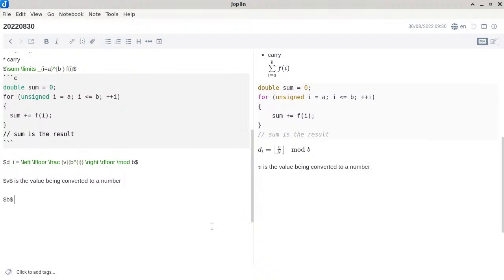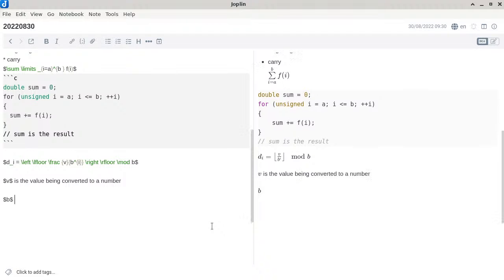What about B? We just talked about this. The base. The base, very good. And what about I? The exponent. Well, I is applied to d of i, so what is d of i? The digit at position I. Yep, exactly.